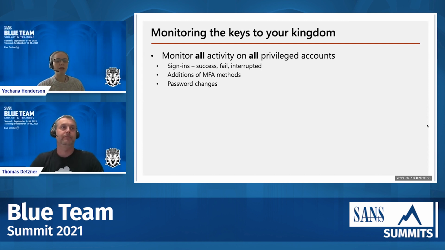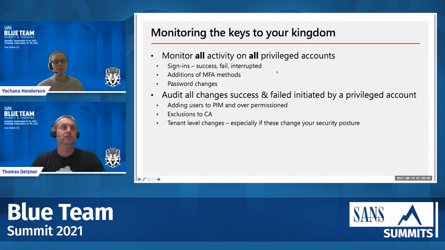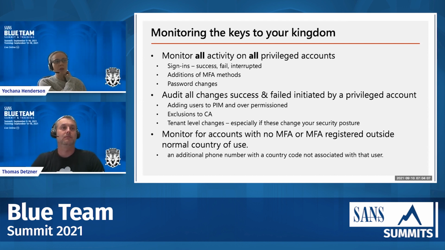Okay, so just a few of the things: sign-ins, additions of MFA methods, and password changes. All of those things need to be logged, both successful and failed. You need to know the failed ones as well. It can give an indication of what the attacker wants to gain out of their privilege if they gain privileged accounts.